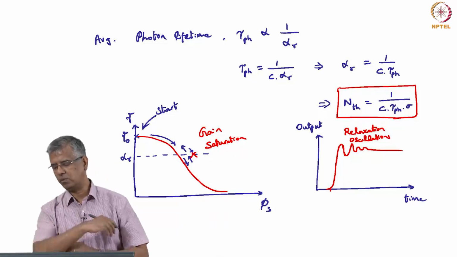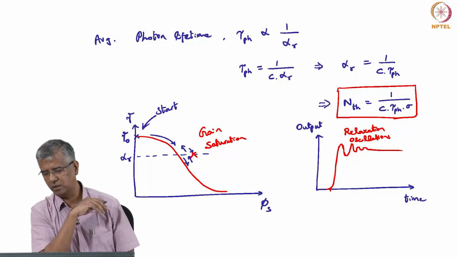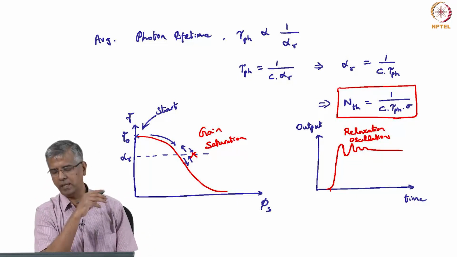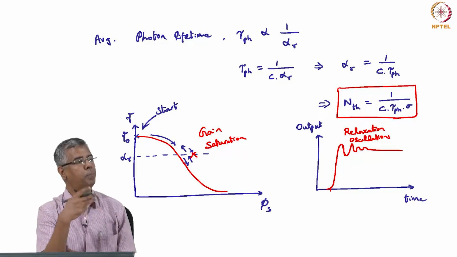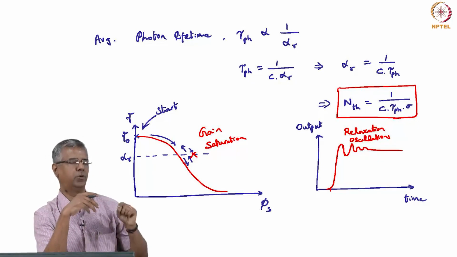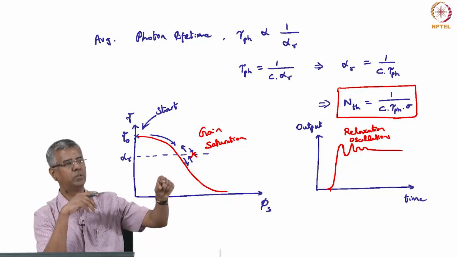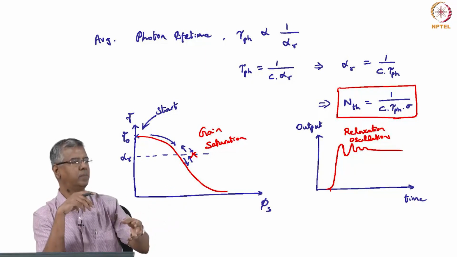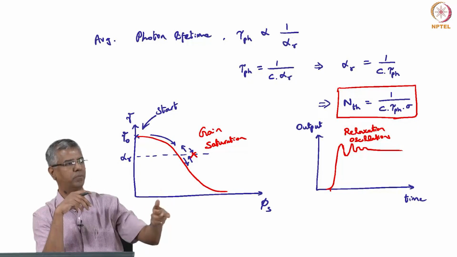So, the question is, what are the typical time scales at which these relaxation oscillations happen? These relaxation oscillations happen over a few pumping cycles. So, what is the pumping cycle? You take an atom from the ground state to an excited state, and it stays in the excited state until the stimulated emission happens, and you come back to the ground state, and then you are pumping again.